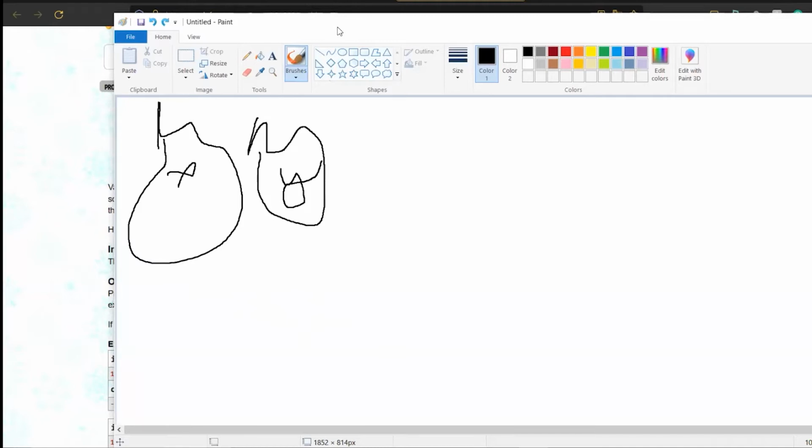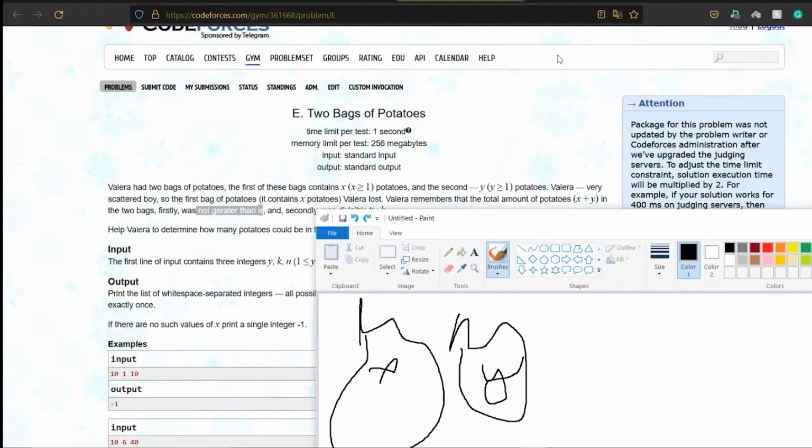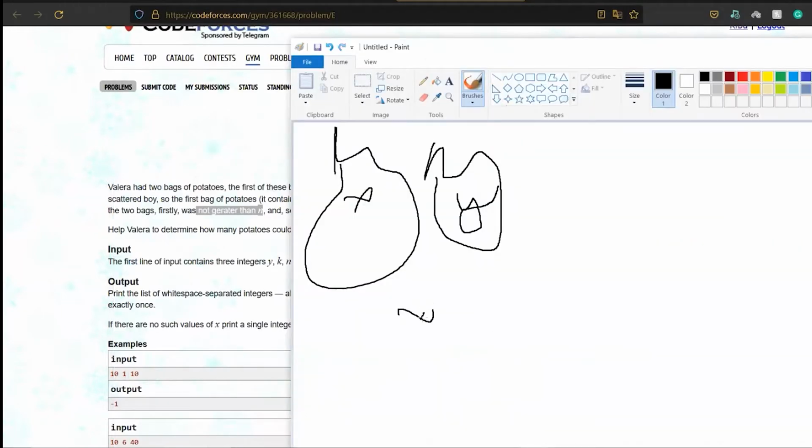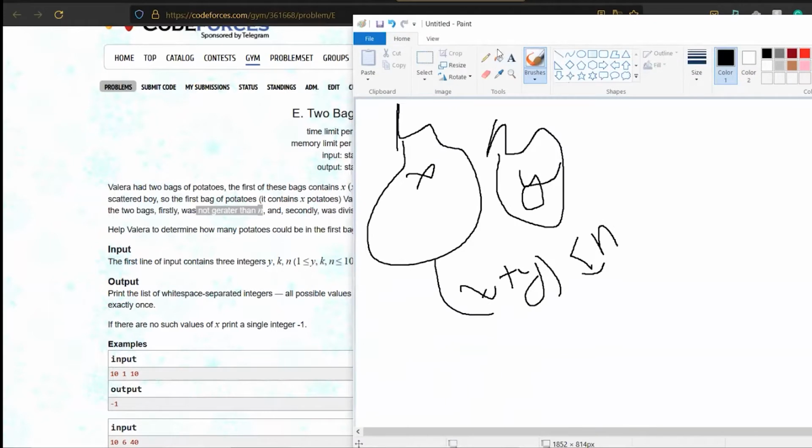By the problem statement, we know that X plus Y was not greater than N. So X plus Y was lesser than or equal to N, because it says not greater than N, but it can be equal to N, if that makes any sense.